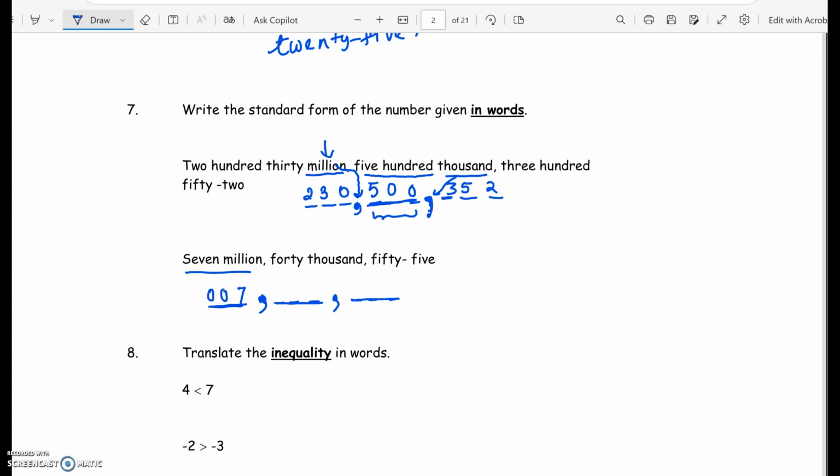So 007 in the first period, 40,000. So these 3 digits together have to read 40. So 0, 4, 0. This reads 40. If you put a 400, that would be 400. So it has to read 40. So the first place has to be 0.